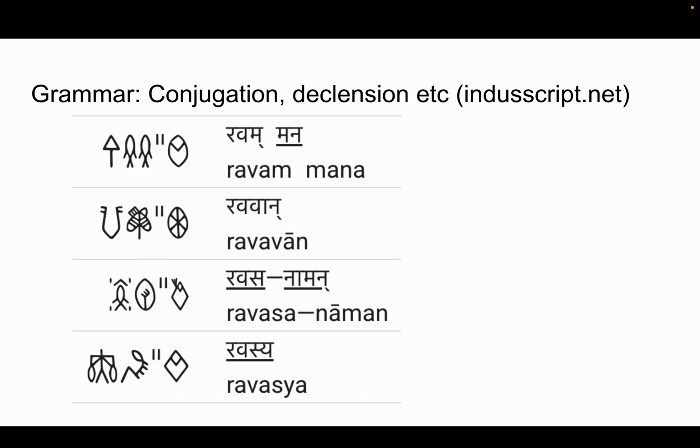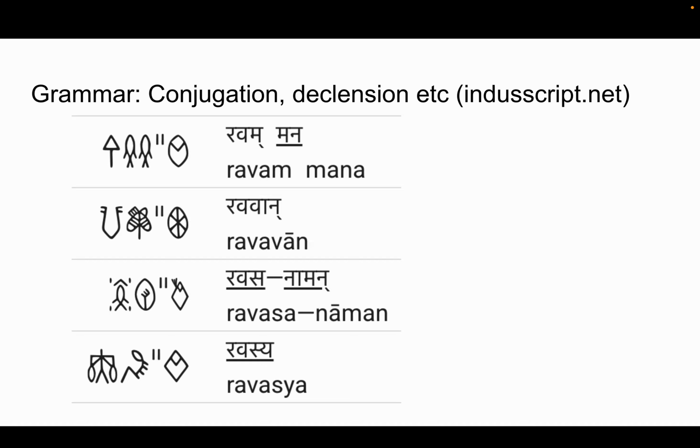The second thing you will also notice is the different declensions and the different morphology for the same word. So here we see Ravam, which is accusative, Ravavan, which is a Tadita affix, and so on. So Ravasya at the bottom is possessive, it's genitive.